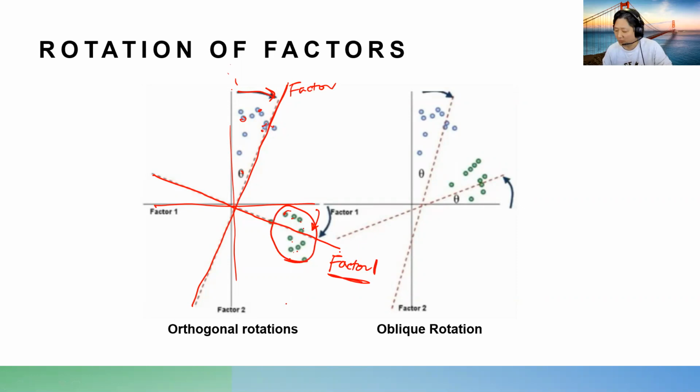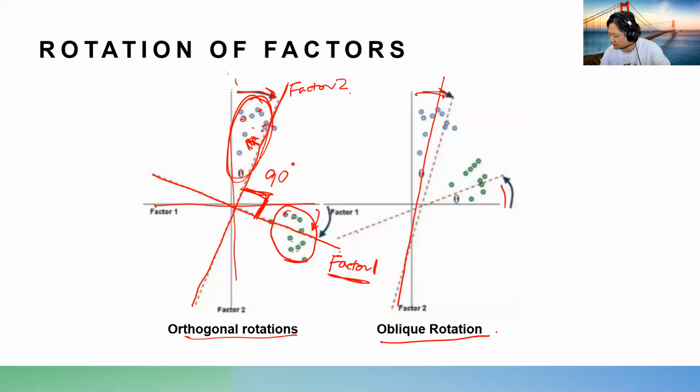So the new factor 1 explains our data really well in this case. But what about this case? We can still see some deviance. They are pretty close to the new factor 2, but still a little bit far from factor 2. Orthogonal rotation always keeps 90 degrees, but oblique rotation allows less than 90 degrees. So maybe we can rotate more, like this much.